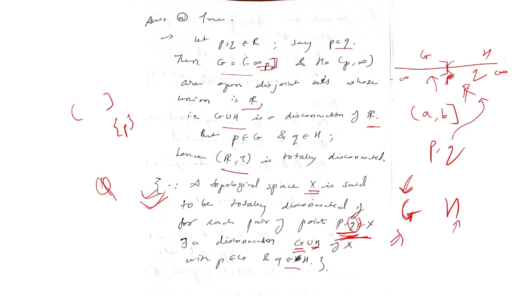The justification is that the component of X should be a singleton set. It can be justified like this: if you take any 2 points, one will be part of G and one will be part of H. No 2 points will be simultaneously part of one open set.